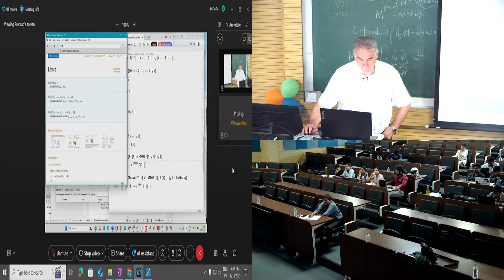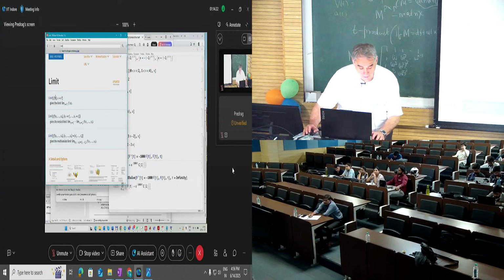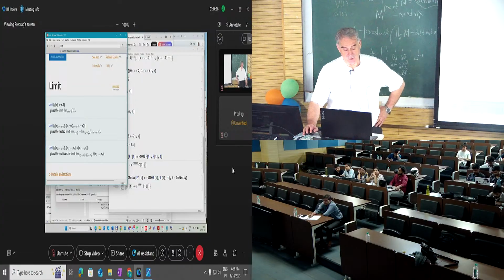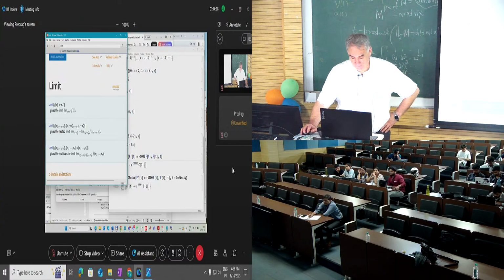Limit of a function with respect to x when x tends to a particular value.